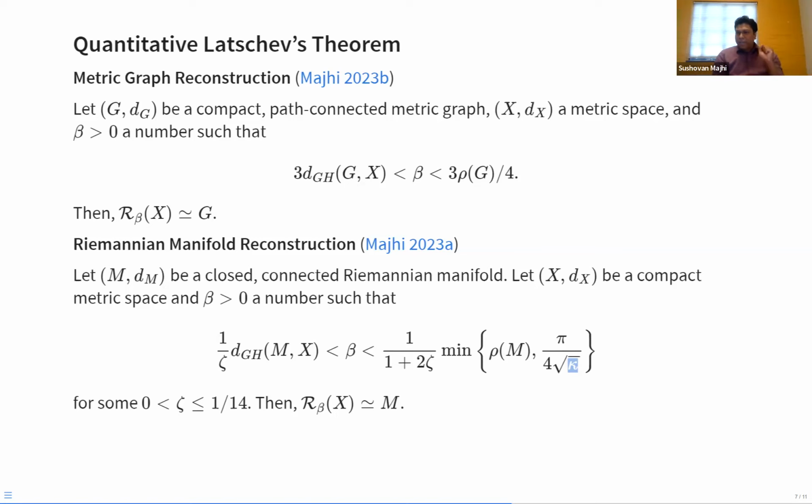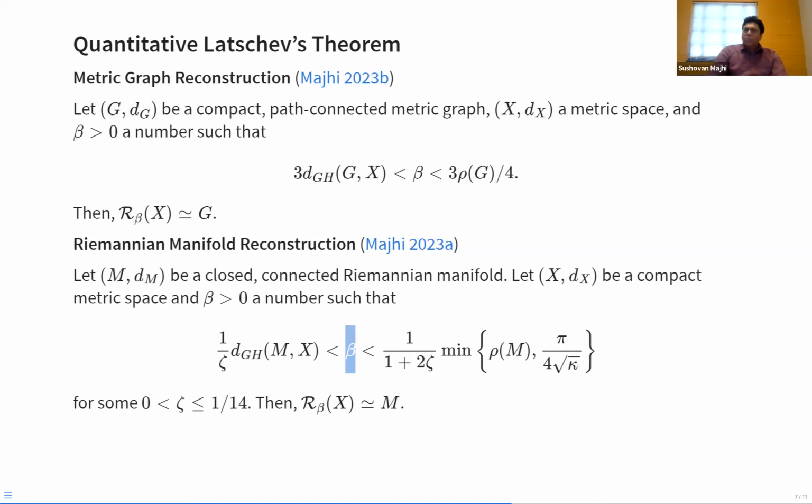As long as you have control over the upper bound of your sectional curvature of the manifold at different points, also for different sections, then one can control the scale parameter beta in this way, so that the Vietoris complex built on top of the sample would give you a homotopy equivalence. So that is the topology of M. Any questions so far?